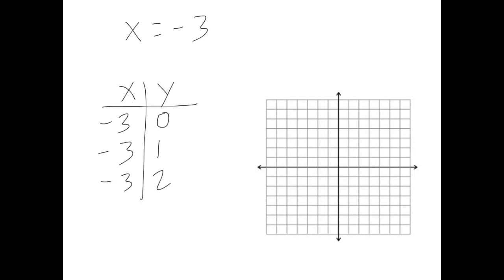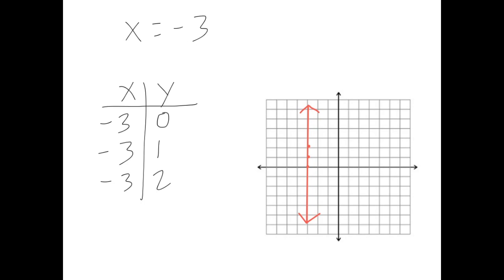But for right now, let's graph our points that we have here. So we're always at -3 on the x, and then we have 0, 1, and 2. And then we make our line. Again, marking the arrows to show that it goes on forever.